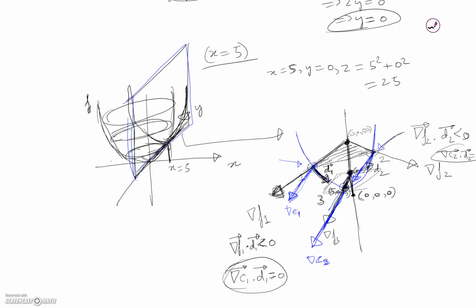So at points 1 and 2, if you move along d1 and d2, which are directions along the blue parabola, you end up decreasing f, because the dot product with del f is less than 0, while at the same time not changing c at all, because the dot product with the gradient of c at both these points for both directions d1 and d2 is equal to 0.